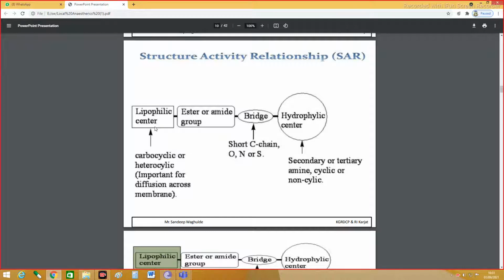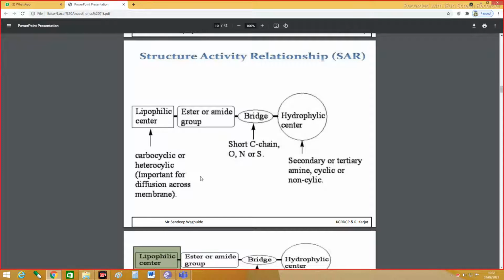As a lipophilic center here, the carbocyclic or heterocyclic molecules are considered important for diffusion across the membrane. Then we consider the bridge. The bridge should be a shorter carbon chain, and we consider that the bridge has elements like oxygen, nitrogen, or sulfur.